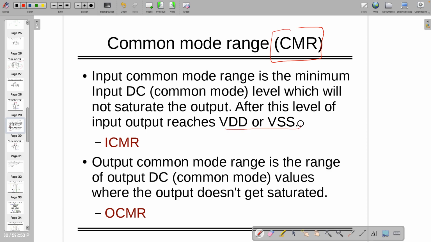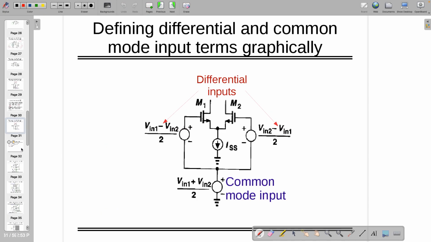So this is what I am talking about when I say saturation. So input which is not going to saturate. Same way, output common mode range is the one where the output is not getting saturated, right? So this is what I need to find out. With an example you will understand what I mean to say. So these are the two things, right?